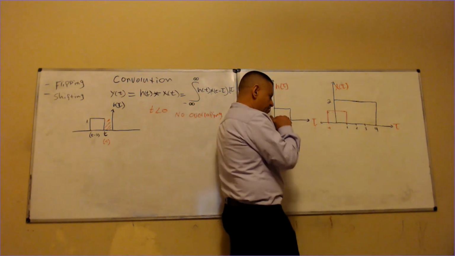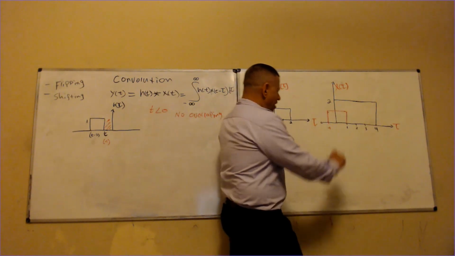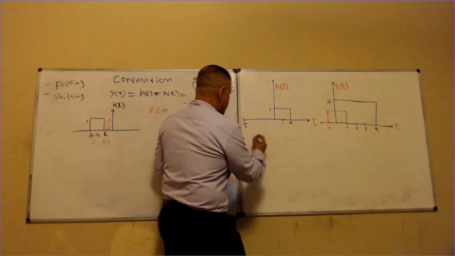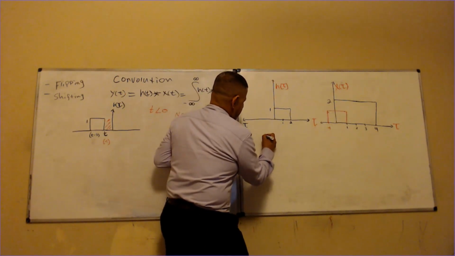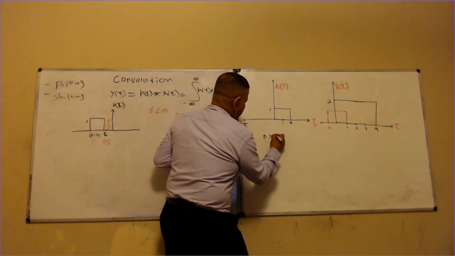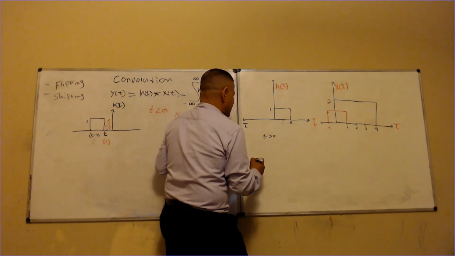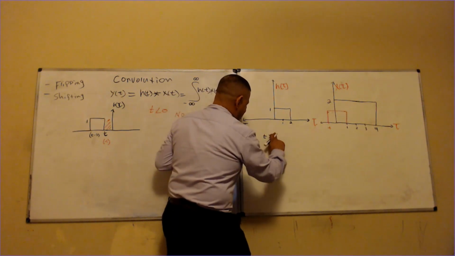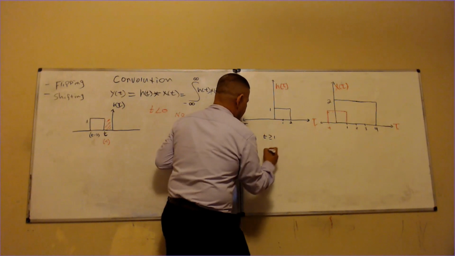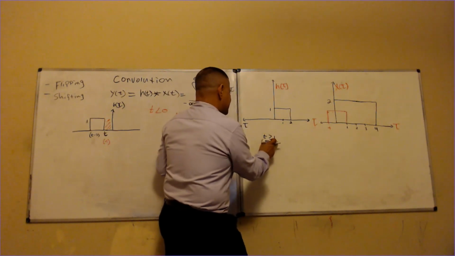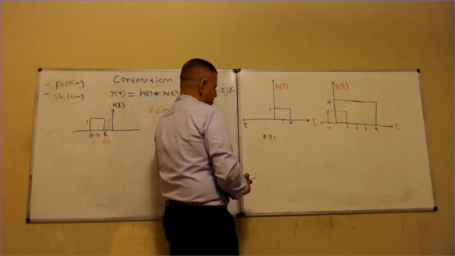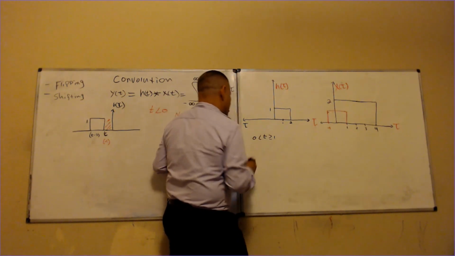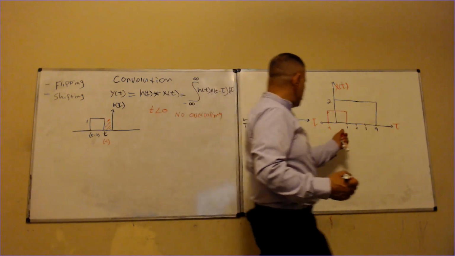Okay, very important. Now t right here is greater than 0, but you can say that it's less than or equal to 1. So t is greater than 0, but less than or equal to 1.